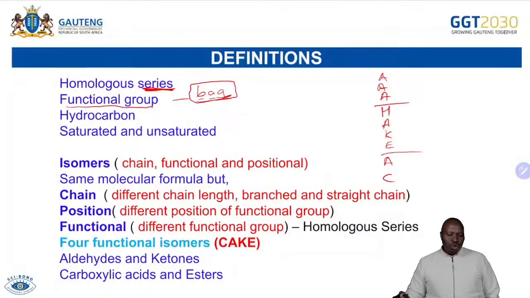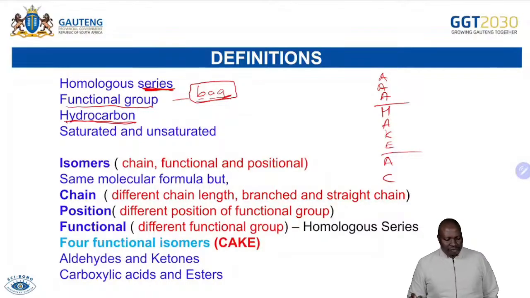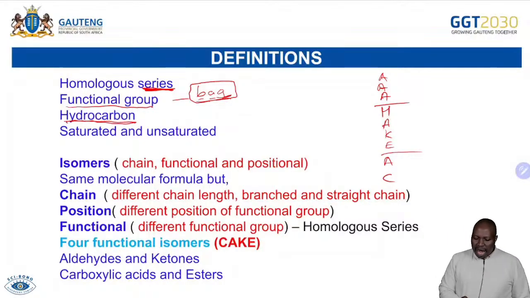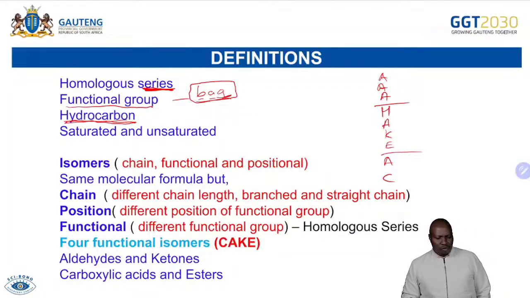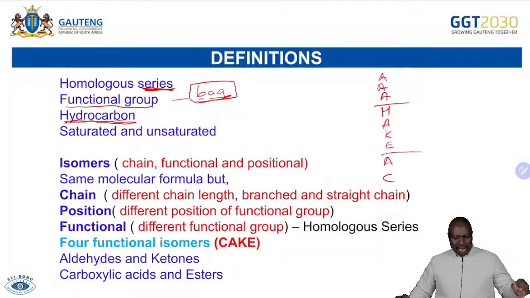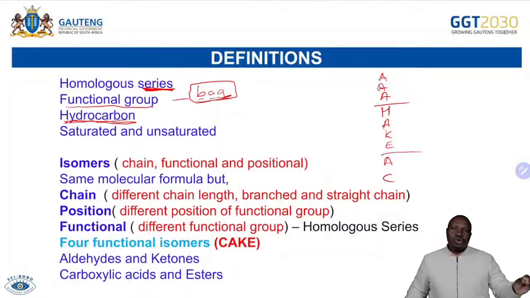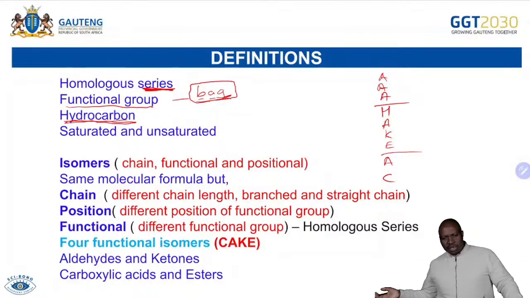Now, you know the definition of hydrocarbons from its name already. These are organic molecules that are made up of hydrogens and carbons only. We always emphasize the importance of the word only, to say you can't define a hydrocarbon without emphasizing that it is made up of hydrogens and carbons only. These hydrocarbons can be saturated or unsaturated.